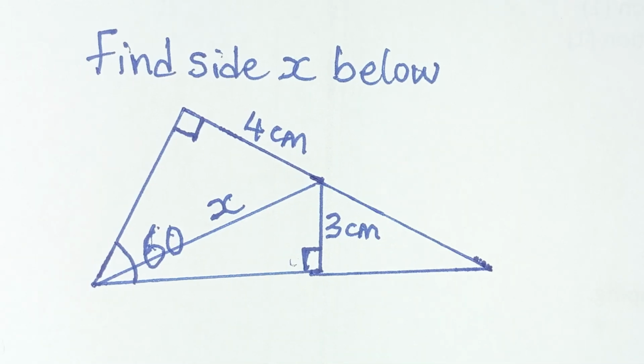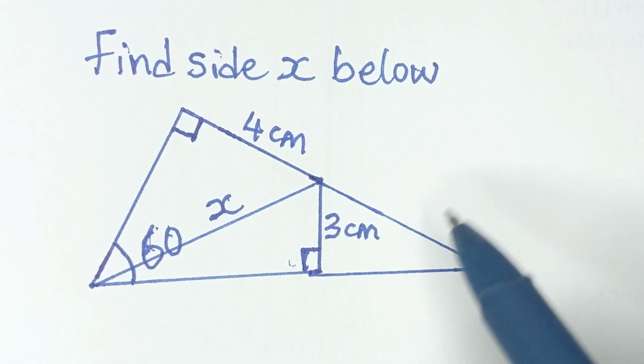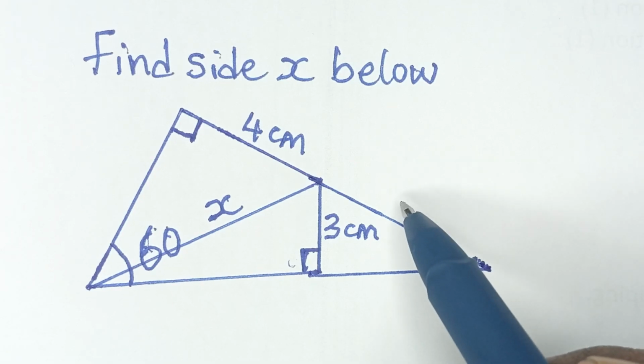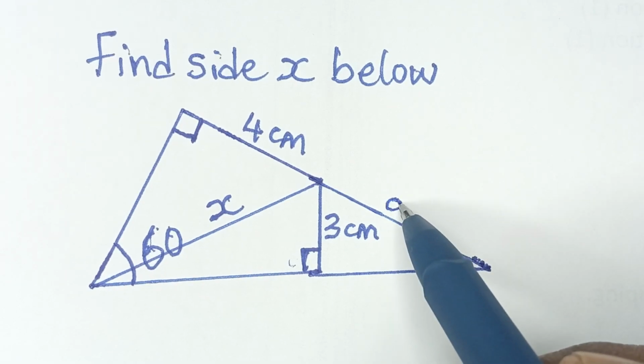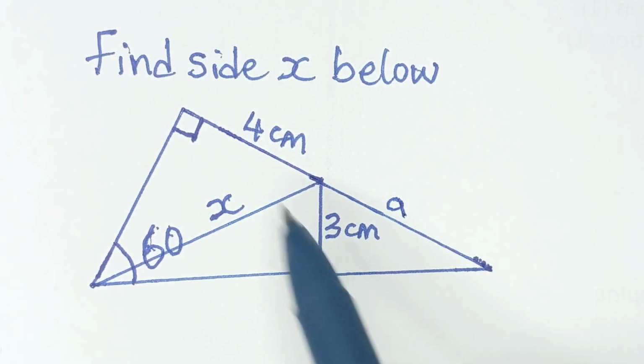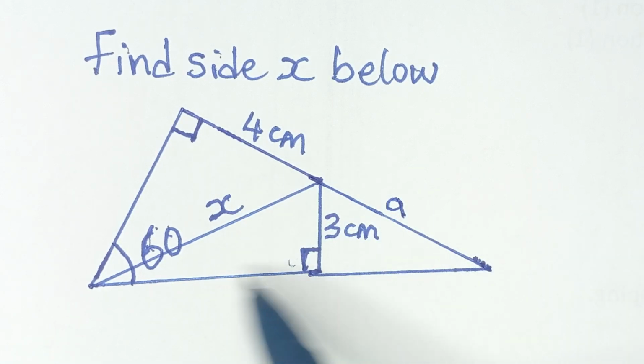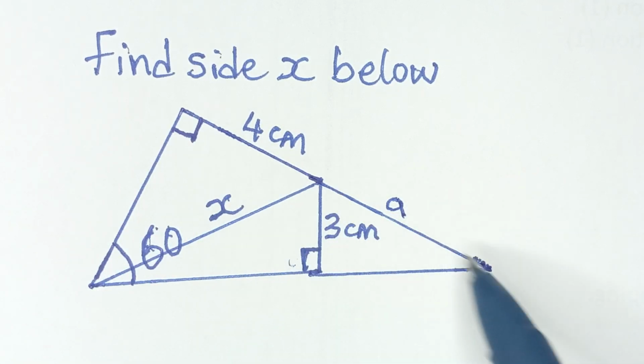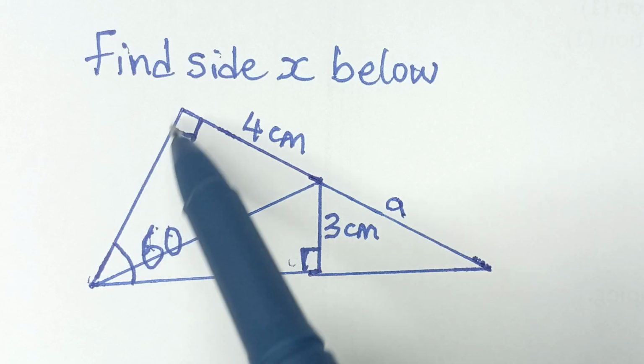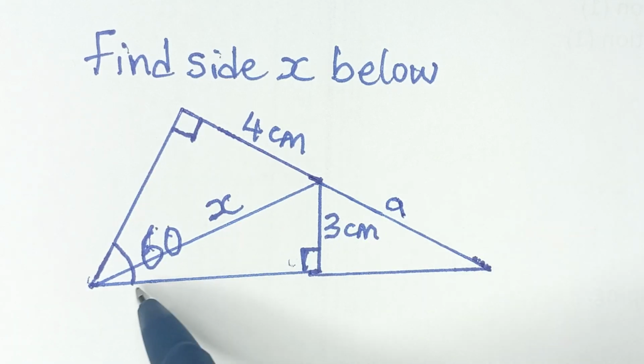Now, with this done, you agree with me that this side can be taken as A. And this is now a full right angle triangle. You can see we now have a complete right angle triangle.